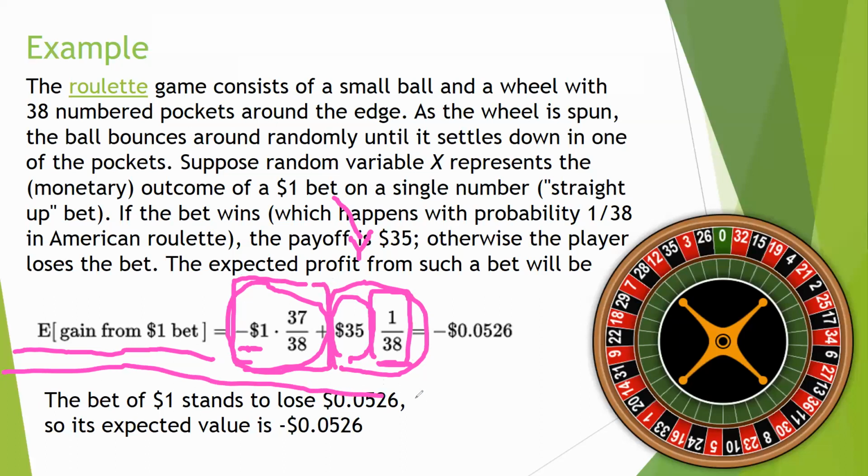So in the long run, the expectation is a measure of either the winning or the losing in the long run. As you can see, if you bet a lot of times, generally you're going to lose money. That's the expected value.